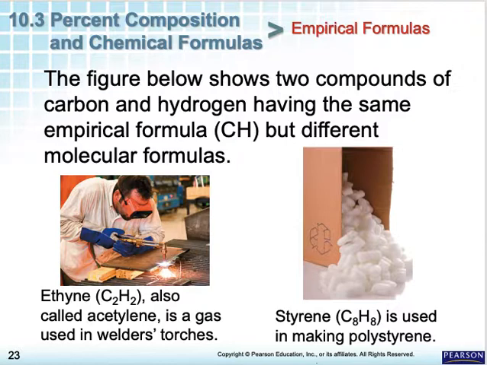But they have different molecular formulas. One is ethyne, C2H2. It's also called acetylene, and you can buy it at Home Depot or Lowe's, and it is what's found in welders' torches. And styrene, which is C8H8, which is still the same empirical formula, however, it's a very different chemical. It is what we see in styrofoam or polystyrene.